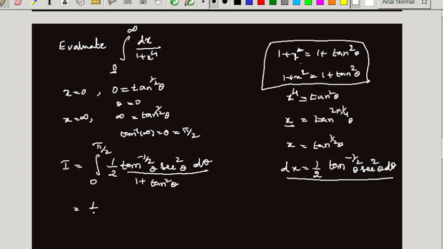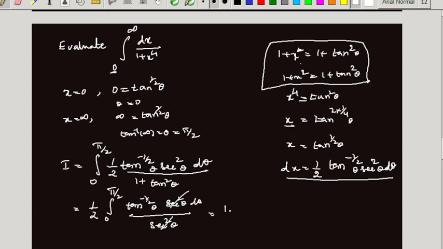We modify this one. Everything we write it as sin and cos, otherwise we modify in the next step. Here secant square we write it as it is, dividing by 1 plus tan square theta is nothing but secant square theta. So we can cancel this one.